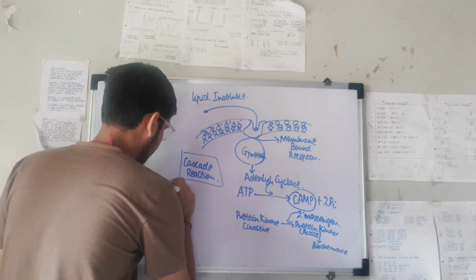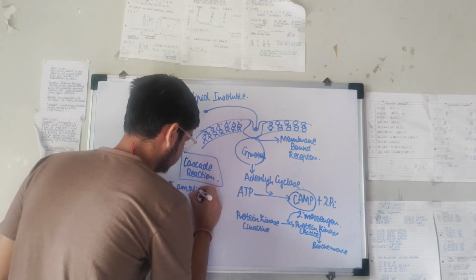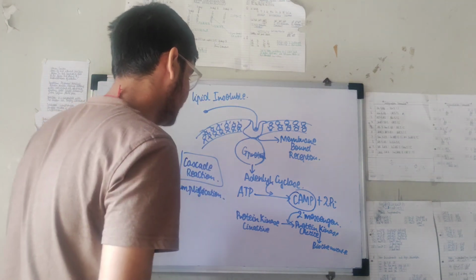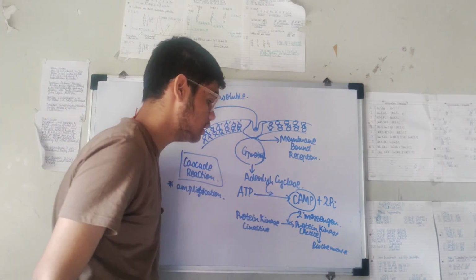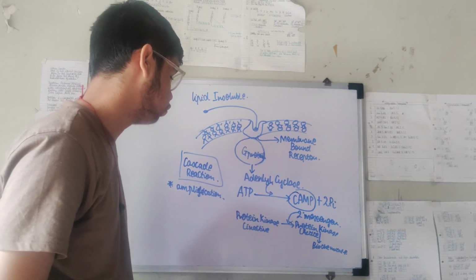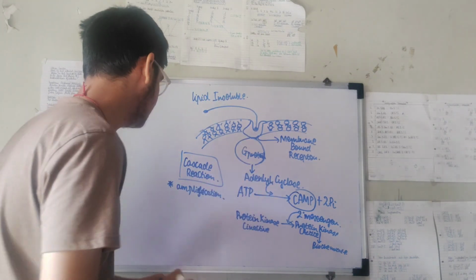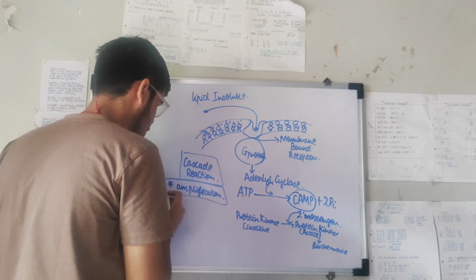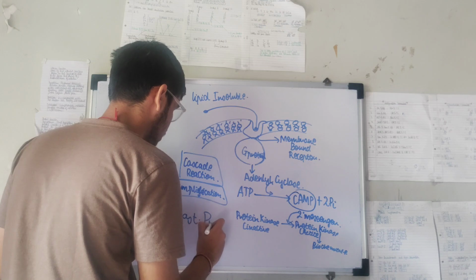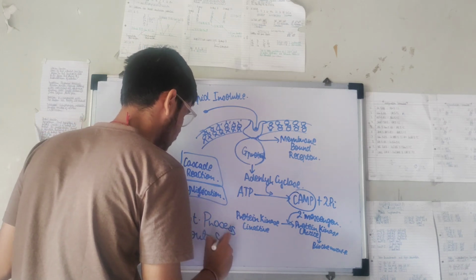It is also characterized by amplification. If there are 100 adenyl cyclase, then 10,000 cyclic AMP will be formed, so there is amplification of products each time. Thereby this reaction is termed a fast process but short lasting.